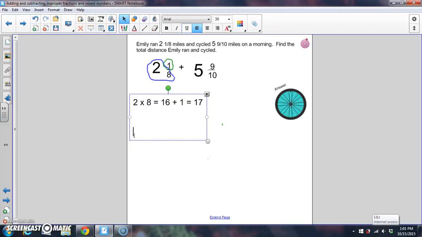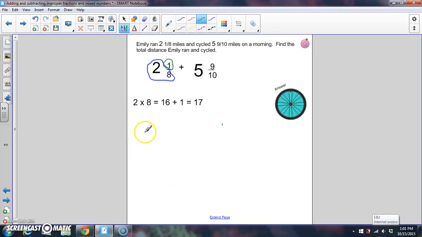Five times 10 is 50. Now let's add the numerator, 9, to that. That gets us 59.